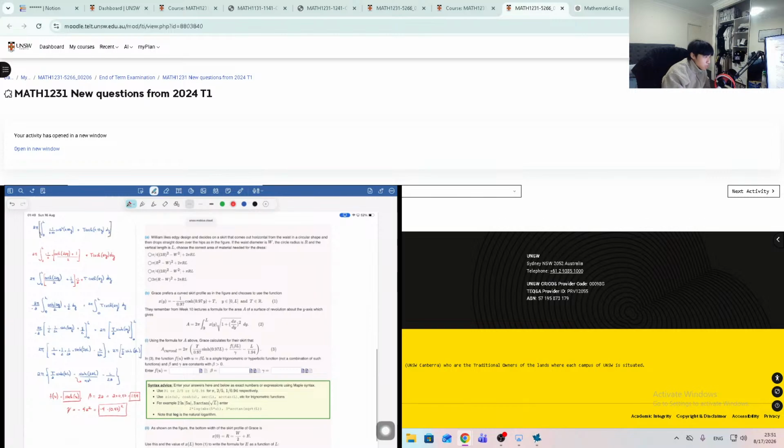This equals the radius, which is equal to W on 2 plus some E. So it's that point right there. X equals 0. Sorry, function of x of y, where y is equal to 0. The bottom of the width of the skirt profile. Enter the answer for E L. So what's the distance?